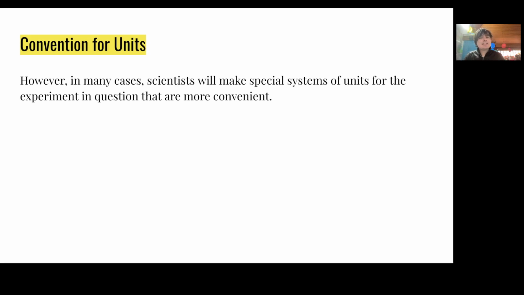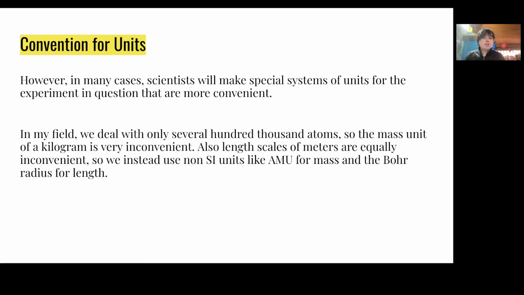In many cases, scientists will make special systems of units for the experiment in question that are much more convenient. For example, I work in the field of ultra-cold atomic physics, and so we deal with things like several hundred thousand trapped atoms. That creates a cloud that's much, much less dense than air.